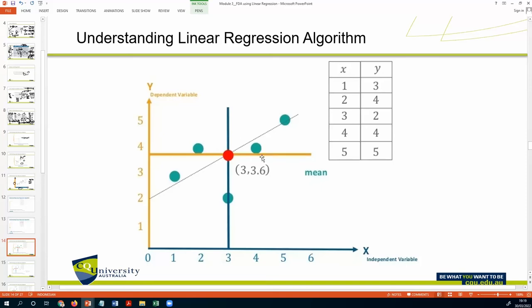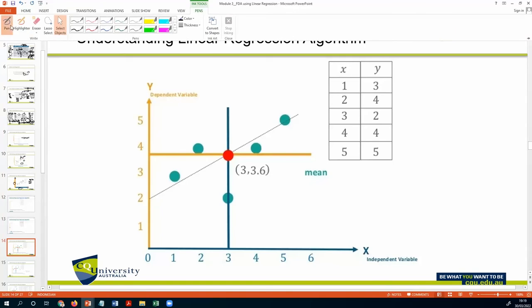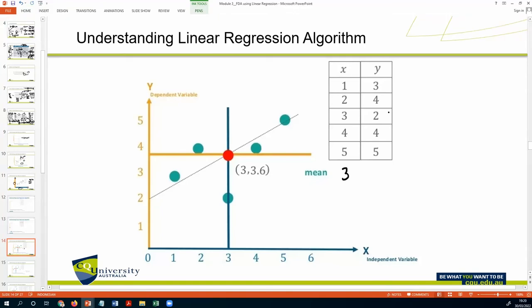Okay. And what is the mean? There will be a center of the data. What is the center of the data? Using the mean. Let's say 1 and 2 and 3 and 4 and 5: 3 plus 3 is 6, 6, 10, 15, divided by 5 is 3. So there will be 3 here as a mean, and for y: 3, 4, 2, 4, 5, 7, 9, 13, 13 and 5, 18.